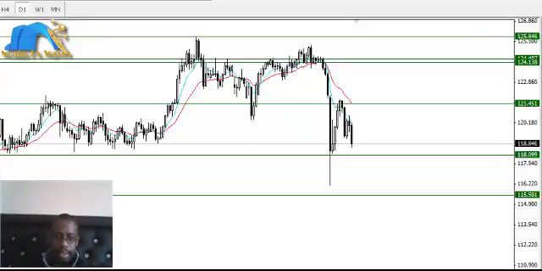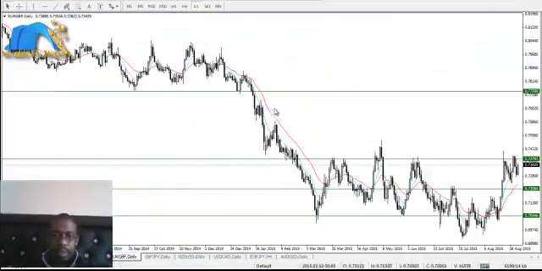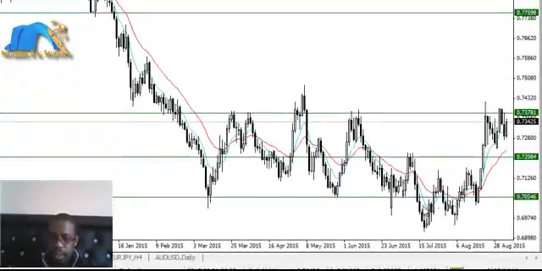If you look at the Euro GBP chart, looking at the daily chart as well, we had a support level denoted there as the 0.70546 level.